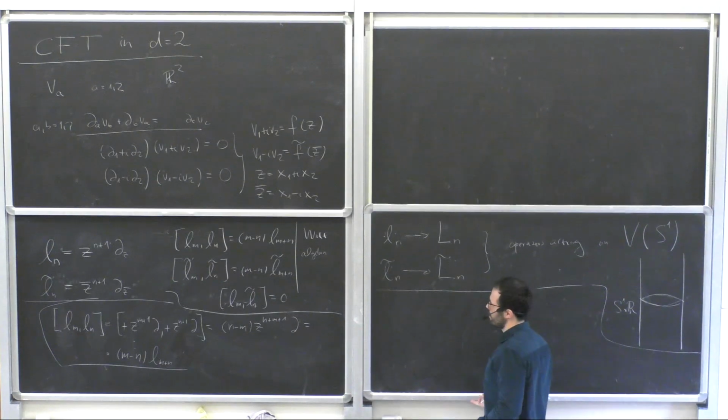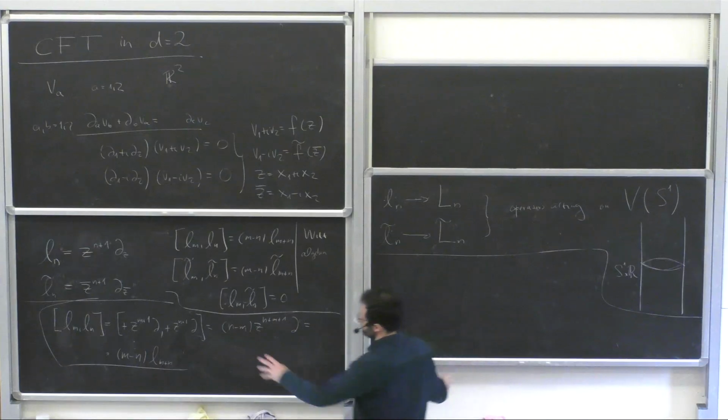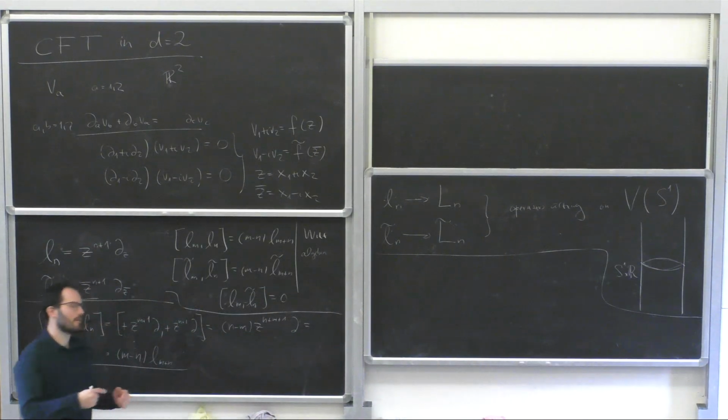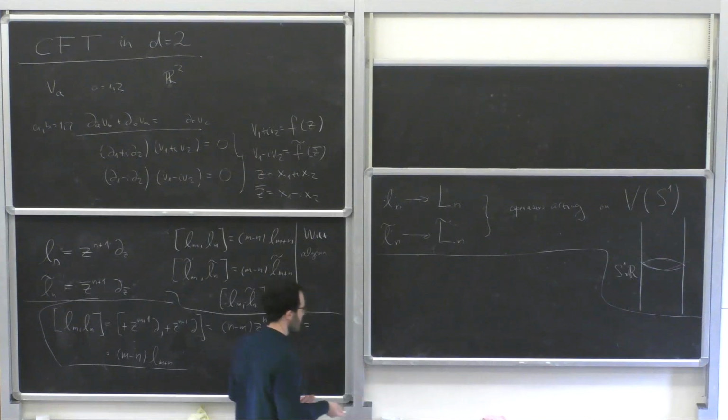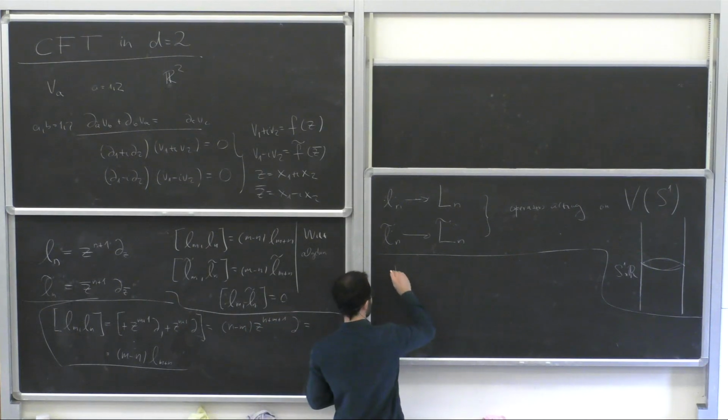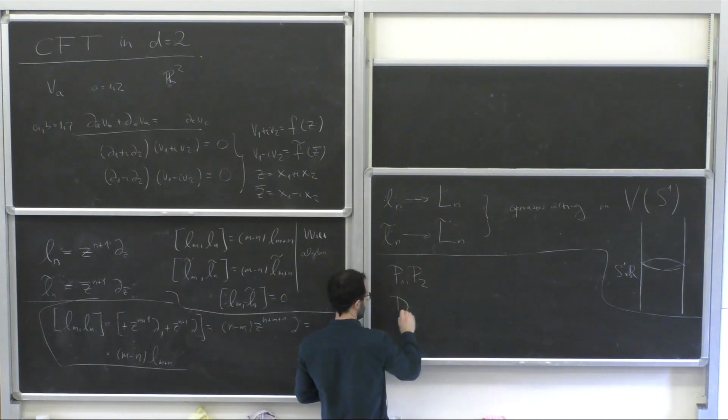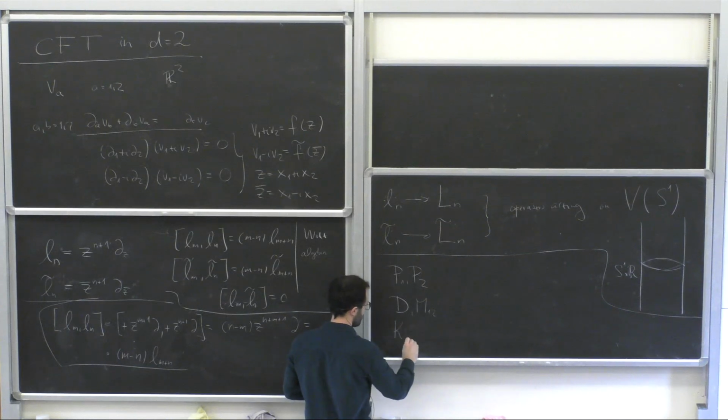From the previous lectures, we would say that two-dimensional conformal field theory has 6 symmetries. The 6 symmetries would be P1, P2, then D, M12, and K1, K2.